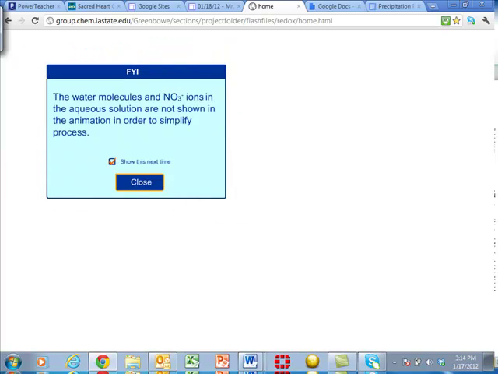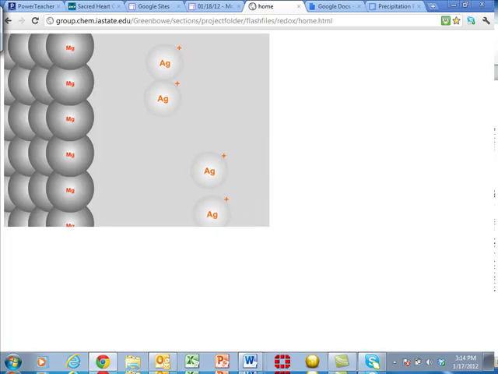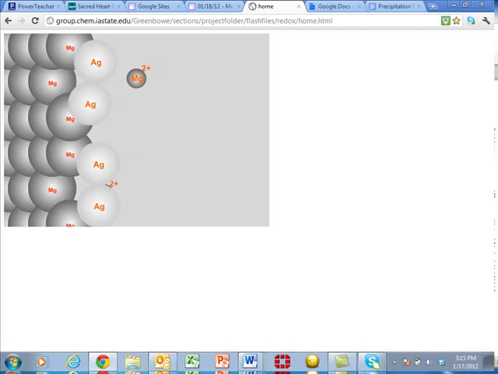Now this is just saying that they're not showing us water and NO3 minus because it's not part of the reaction. It's not doing anything. So they're just showing us the rest. So there's silver, magnesium, 1 magnesium ion gets rid of those 2 electrons, each silver gets it, and the magnesium floats away into solution because it's now part of magnesium nitrate. The silver is a solid now, and that's what's building up on the side of the little magnesium bar.